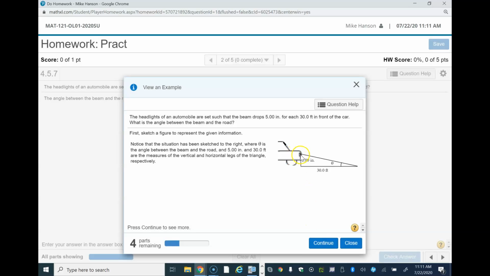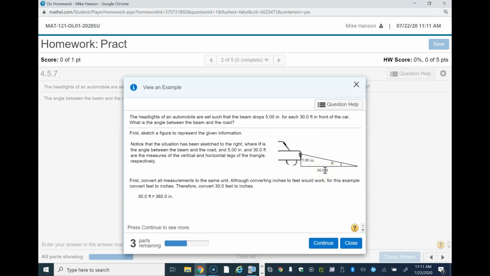So here's the beam. Down here from this point to the road is 5 inches, and it shoots a light out, and we're trying to find this angle over here, because the light extends all the way out 30 feet. Looking at this one, guess what we're going to be using: SOH, CAH, or TOA for tangent.